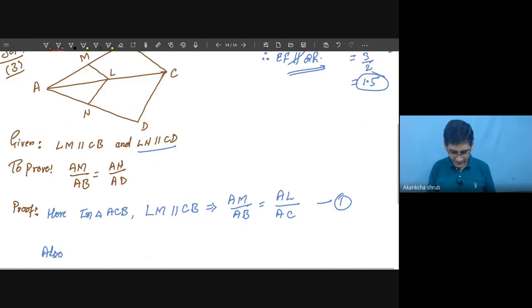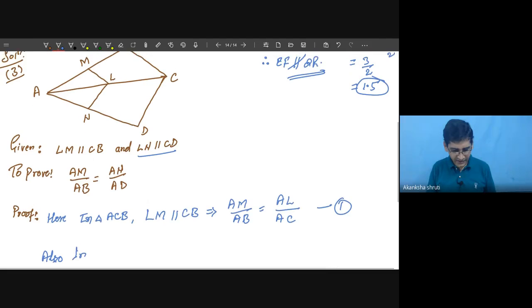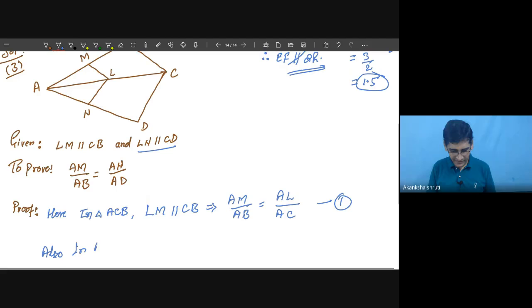So here in triangle ACD, again in this case the condition LN parallel to CD is available to us. Now from this, which ratio shall I write? I shall write that ratio which can correlate the ratios that I have written earlier with the other given condition.